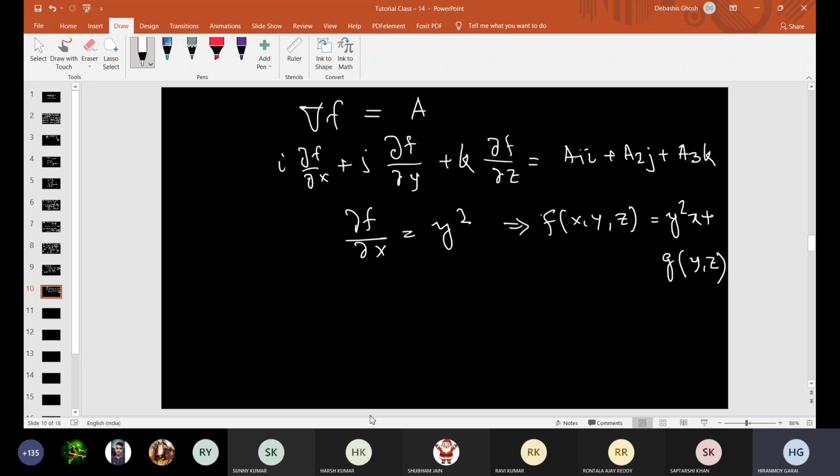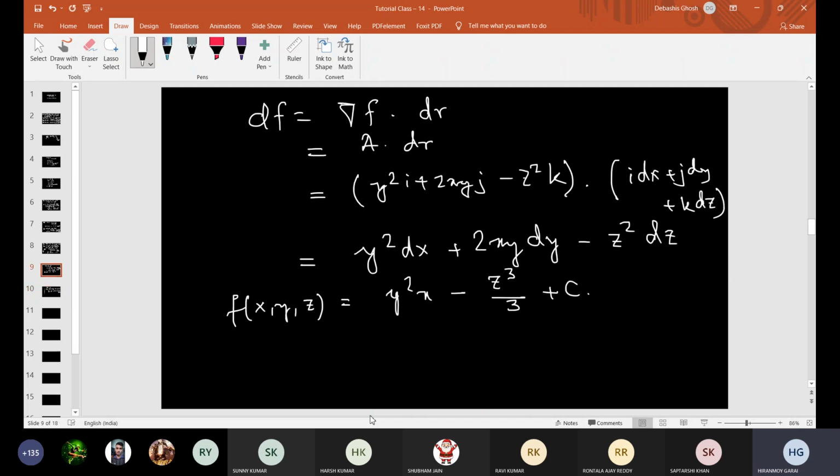So that process you can evaluate, but it is lengthier. But if you follow this one, because a scalar valued function can be represented only when the vector valued function is conservative, that idea helps us evaluate very easily. So we can first find whether the function is irrotational or not, and then go through this process.